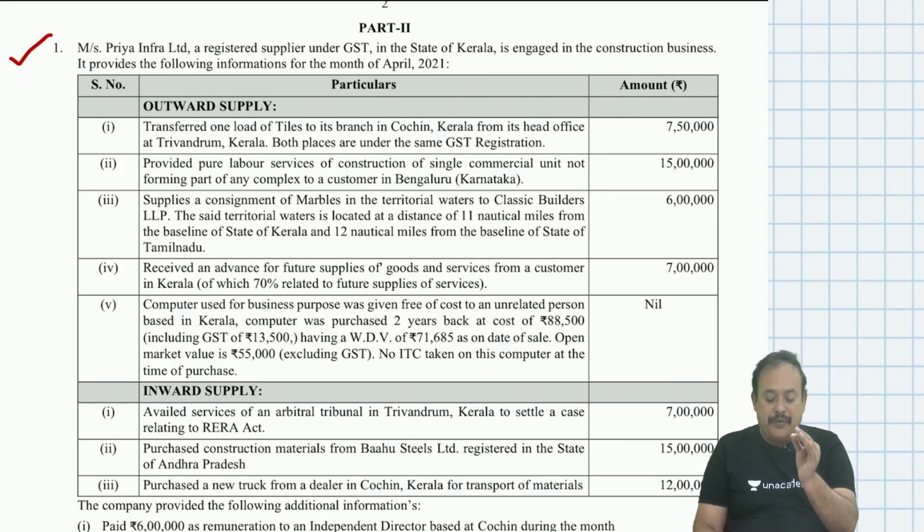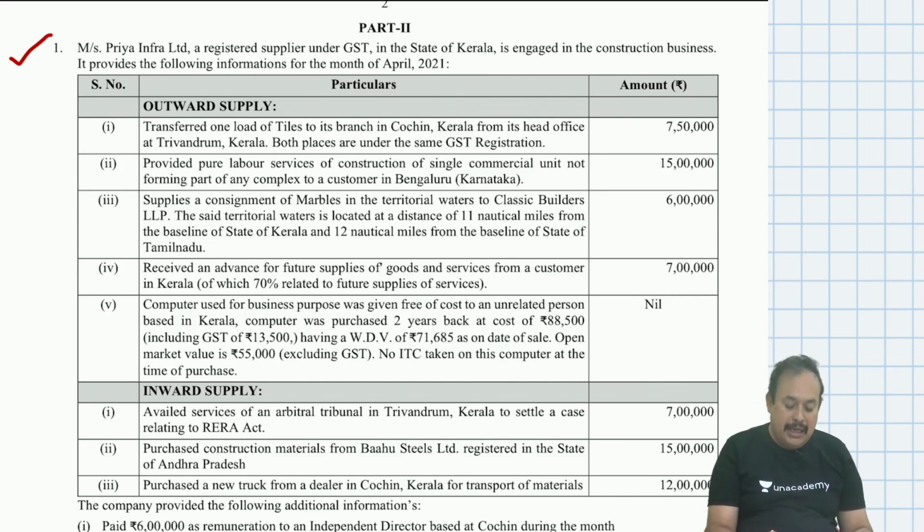Rupees 7,50,000. 2. Provided pure labor services of construction of a single commercial unit not forming part of any complex to a customer in Bengaluru, Karnataka, 15 lakhs.